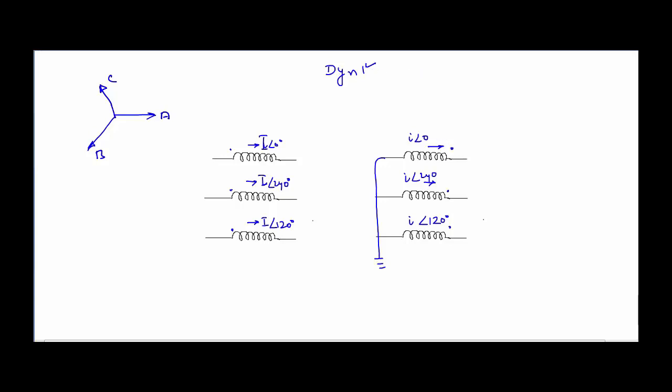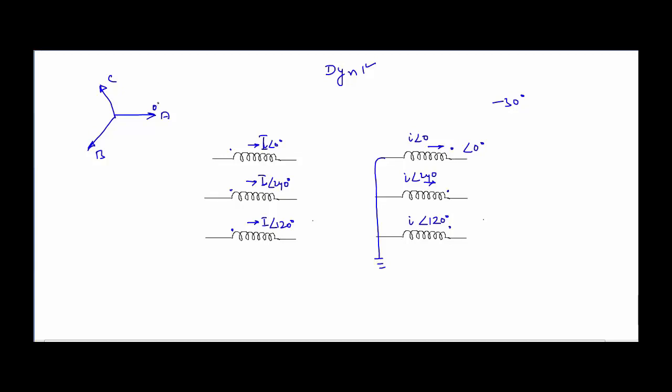So it's obvious that on this side, if the angle is 0, then at this point it is going to be plus 30 degrees, because this side lags by an angle of minus 30 degrees. So if it is lagging by an angle of minus 30 degrees, it simply means that if it is 0 at this point, then on this side it is going to be plus 30. So now let us see how we are going to get a resultant of plus 30 degrees.